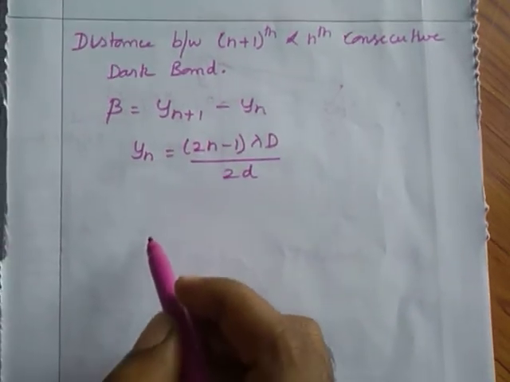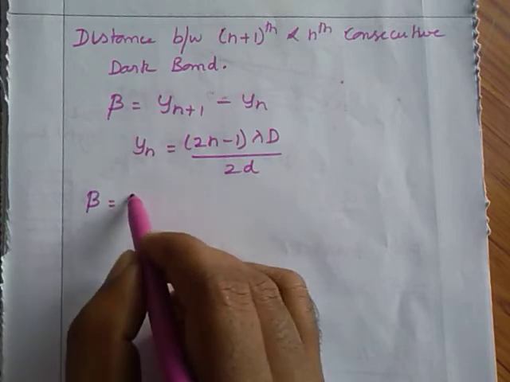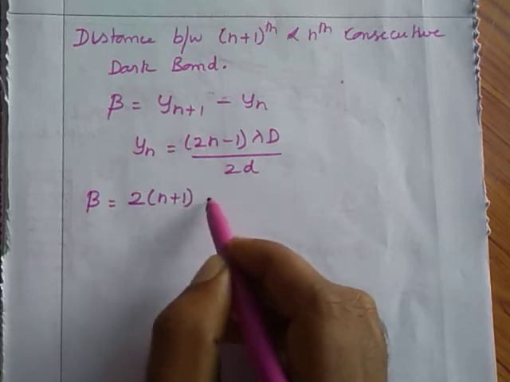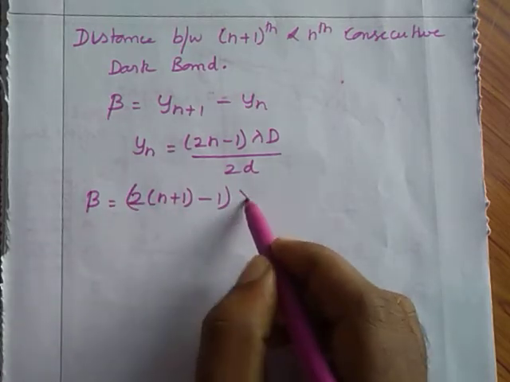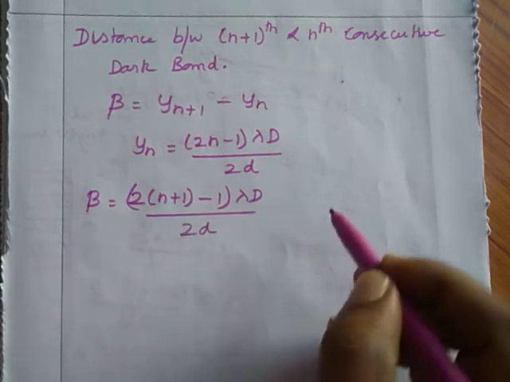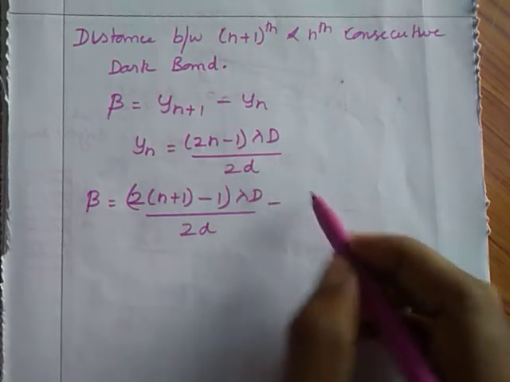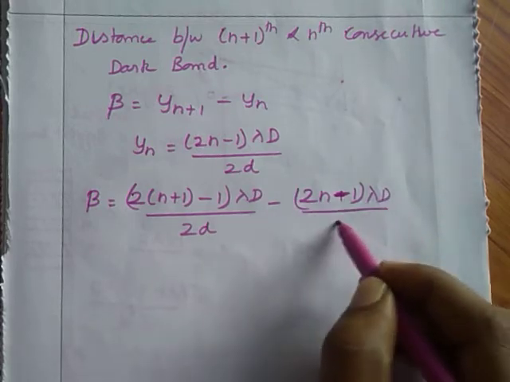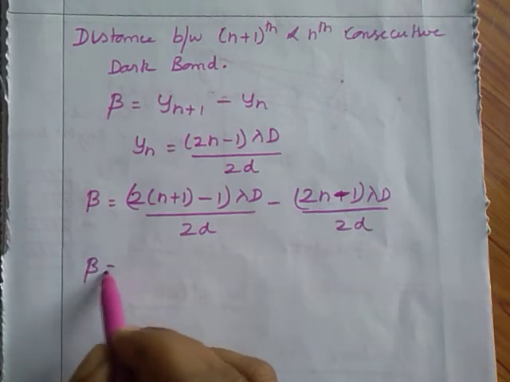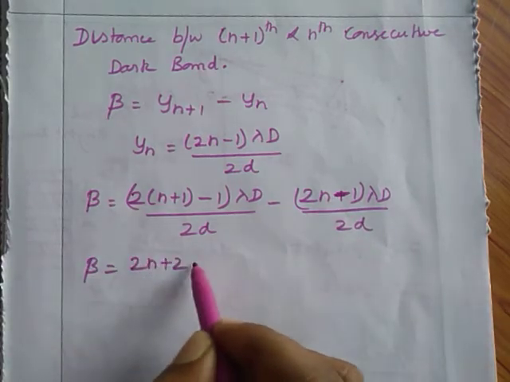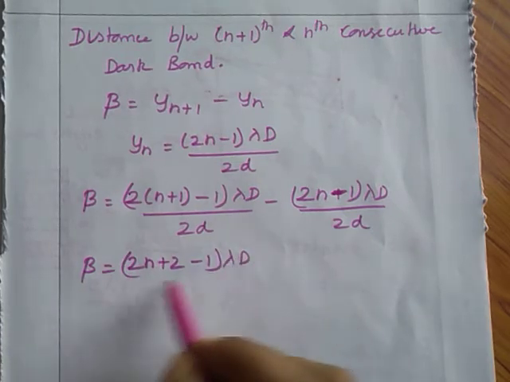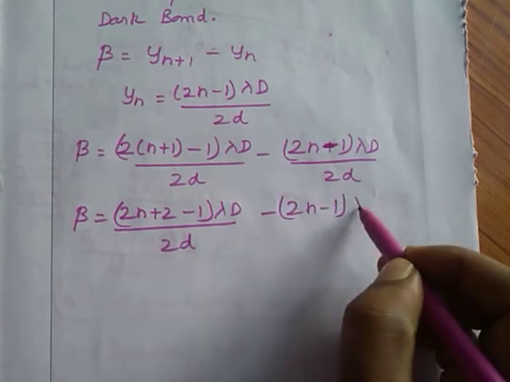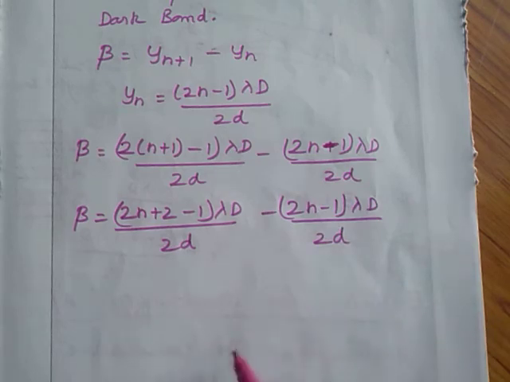Okay, substituting in the above expression, we get beta is equal to, 2n becomes n plus 1, minus 1, closing the bracket, lambda D by 2d, minus y(n), that is (2n minus 1) lambda D by 2d. Then solving this, beta becomes (2n plus 2 minus 1) lambda D by 2d minus (2n minus 1) lambda D by 2d.